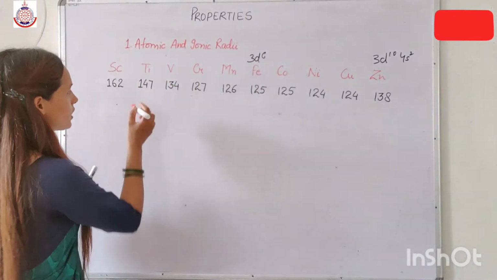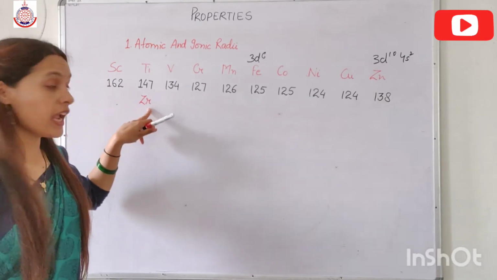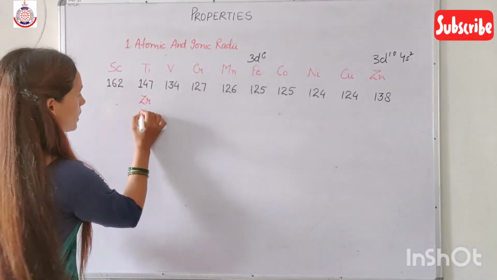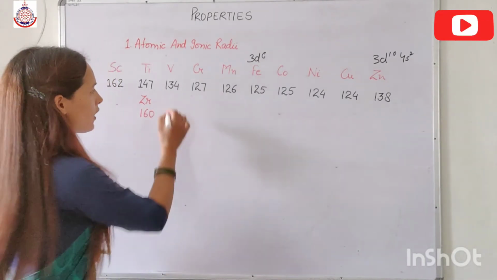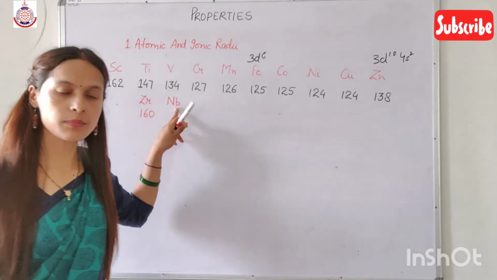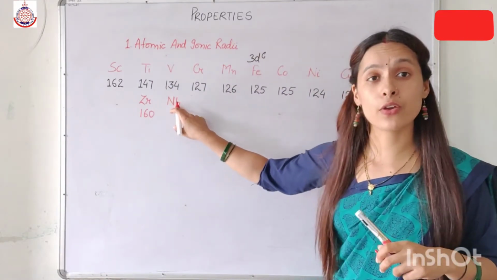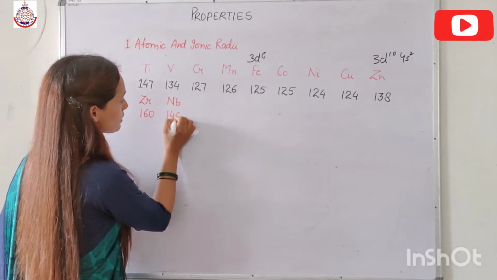Suppose if I talk about zirconium, the second member of the second transition series, the atomic radii of zirconium is 160 picometer. If I talk about niobium, the third member of the second transition series, the atomic radii of niobium is 146.